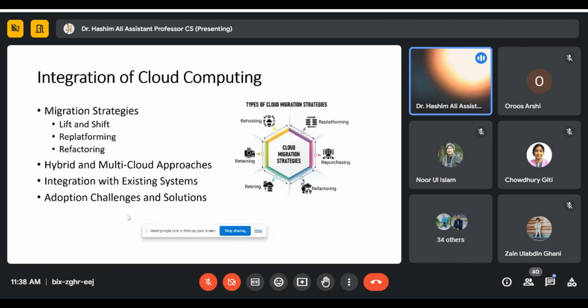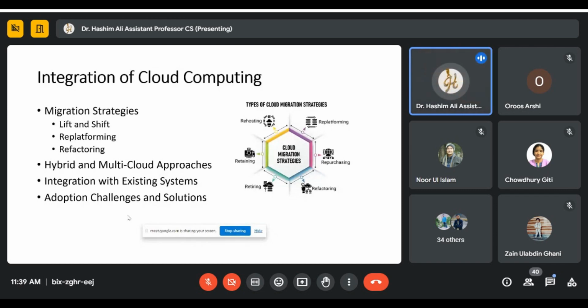The first one is lift and shift. The lift and shift migration strategy allows you to select a particular task or job which is being executed within the cloud infrastructure, and we just migrate that job or task from one server, for example, that is hosted at a particular server.